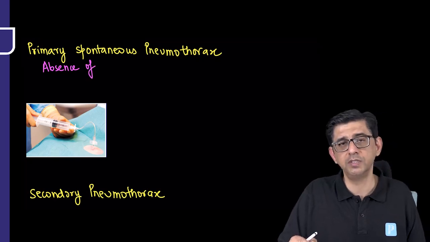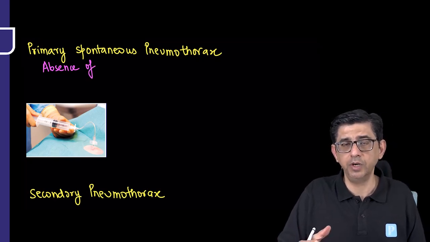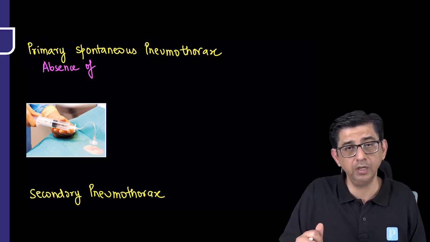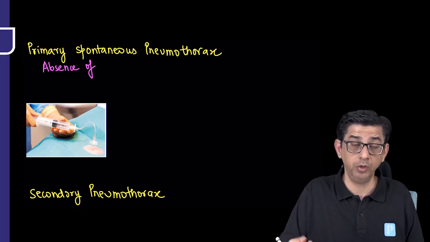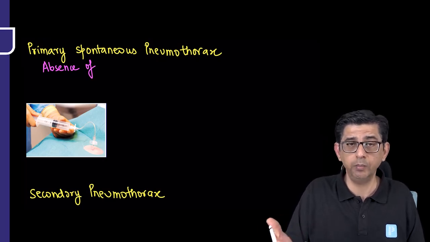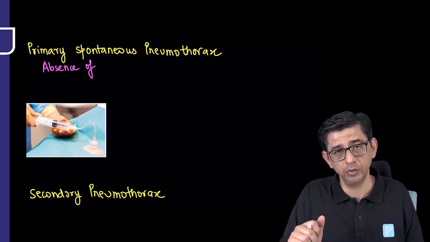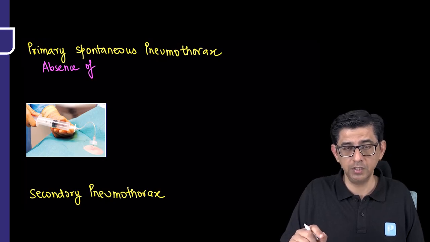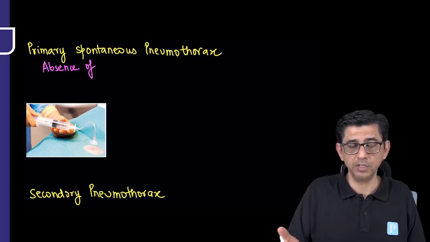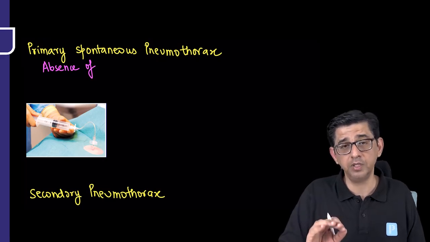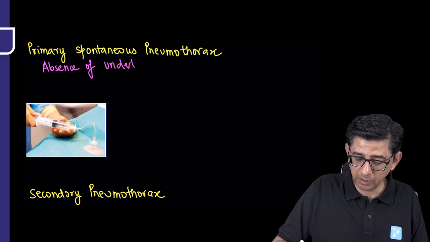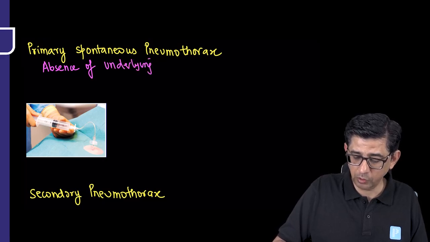Like if somebody is having COPD, or COVID-19, and after COVID-19 he required mechanical ventilation, and then subsequently because his lung was already injured, he developed a pneumothorax, then I'm calling it a secondary pneumothorax. If somebody is already having an intrinsic parenchymal lung disease and he ends up with a pneumothorax, I will say secondary pneumothorax. But if there is absence of an underlying lung disease and still there is a pneumothorax developing, then we call it primary spontaneous pneumothorax.